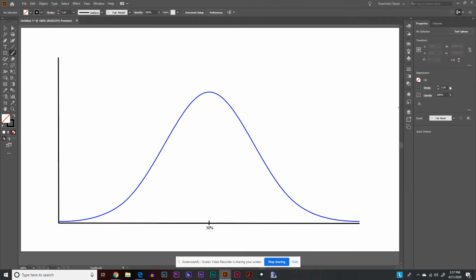I'm deleting my mu there because I didn't like the fact that it was written in that thick line. I like this thin line better. Okay, so the mu is 0.5, which means that the average score is 50%, right? So this 0.5 is the same as this 50% being our average.